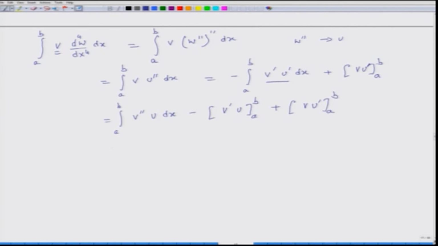And now what I do is I replace U by W. So I get integral A to B V double prime W double prime dx minus V prime dW over dx A to B plus V d2 over dx square.